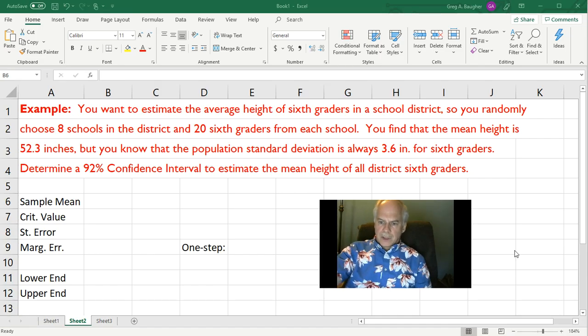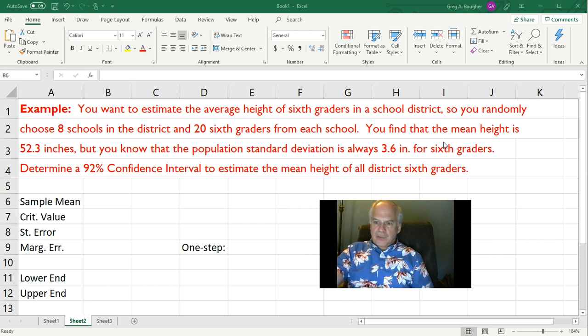So here is an example. Suppose you want to estimate the average height of 6th graders in a school district. So you randomly choose 8 schools in the district and 20 6th graders from each school. So you've randomly chosen 8 times 20 or 160 6th graders from the district.